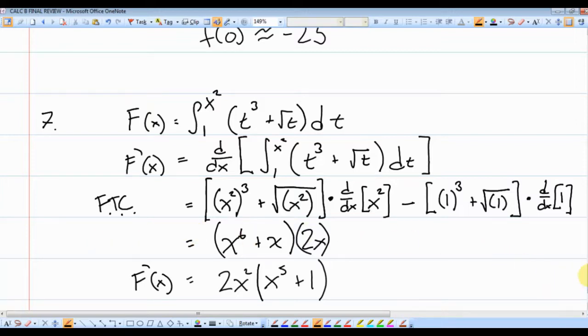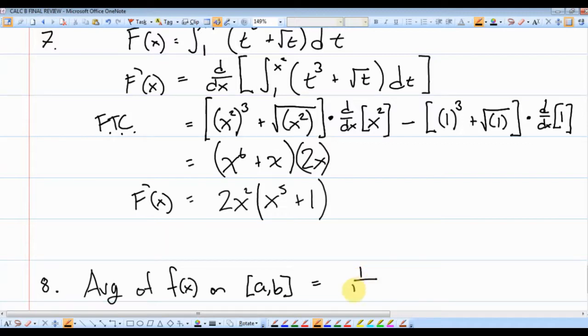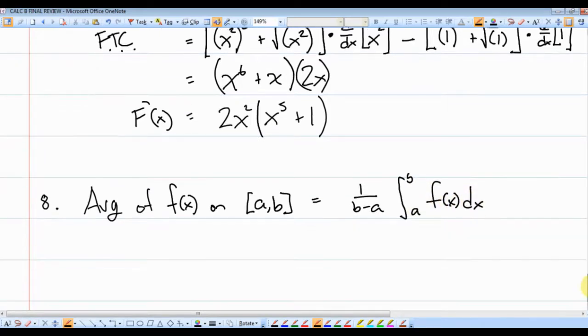Okay, 8, average value. And this is just a definition of an average that we use in the calculus class.